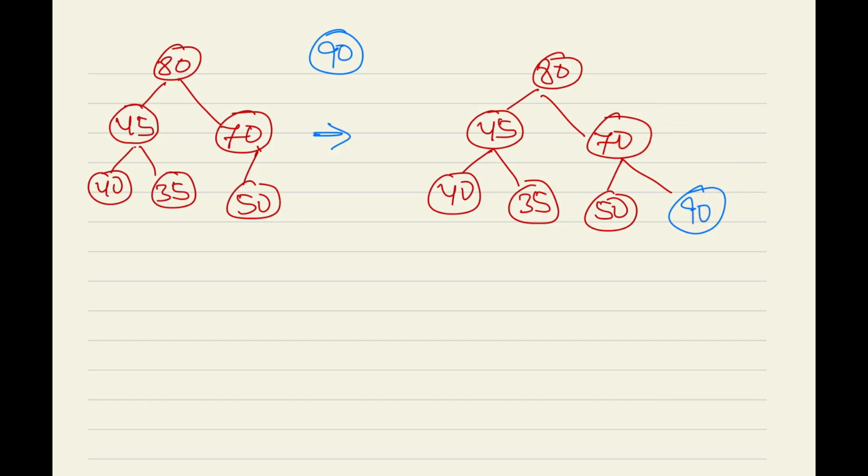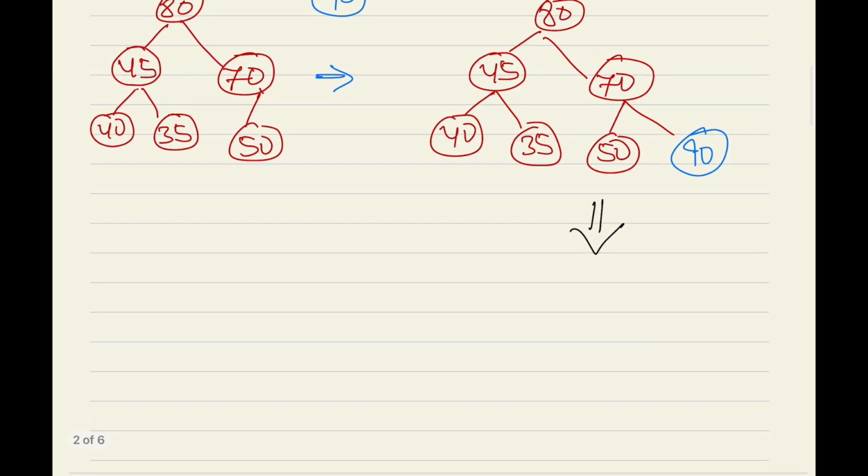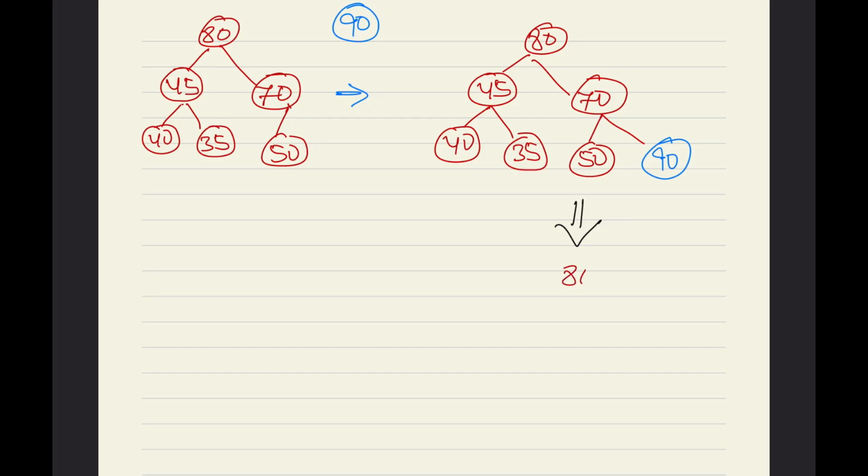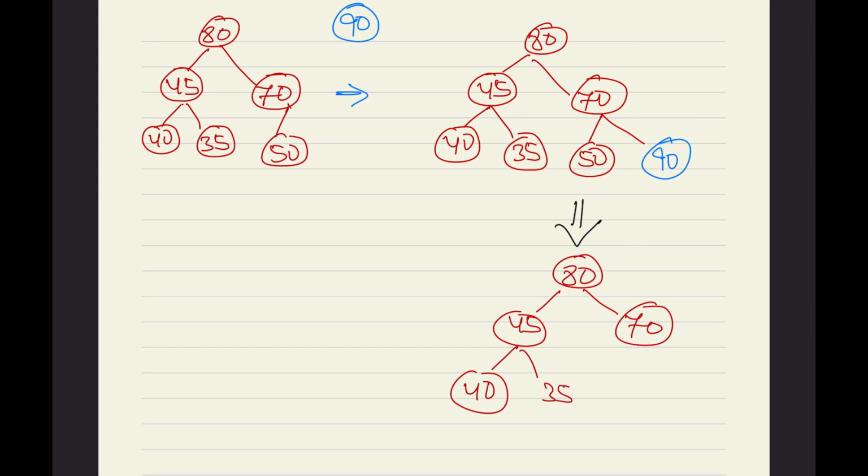If we swap, what is going to happen? It will be 80, then 45, then 70, then 40, then 35, now 50. We have to swap these two, 70 and 90.